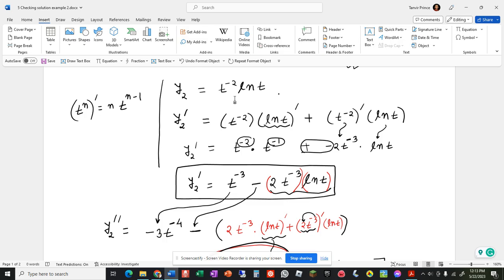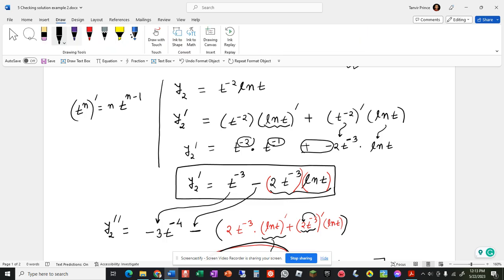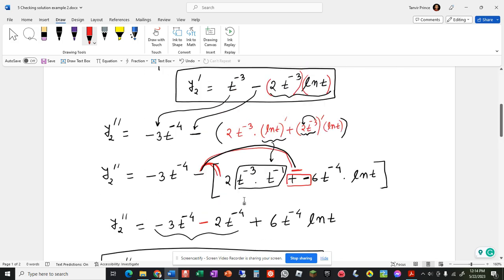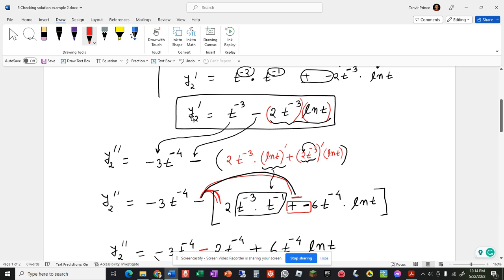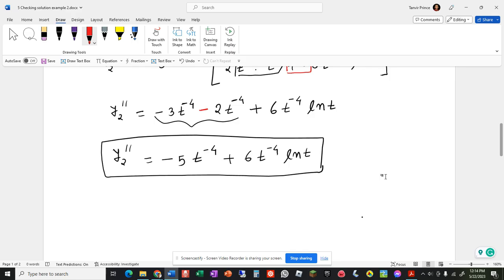Let me actually circle them. So this is my y2, that goes in place of y. This is my y2 prime. This goes in place of y prime. And this is my y2 double prime, that goes in place of y double prime.